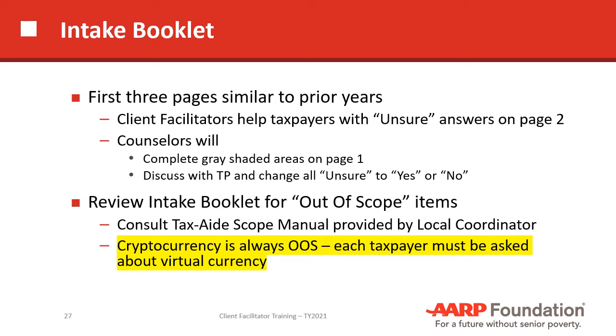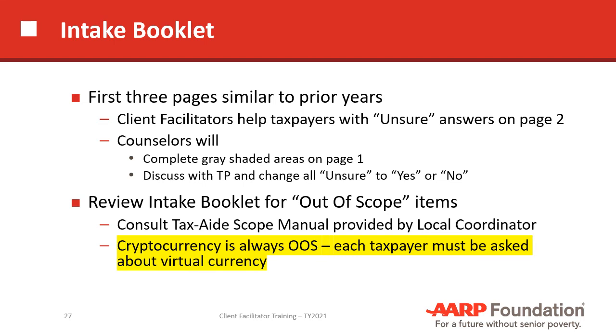Counselors will also, if you look at page 1, we'll look at the first page of the intake booklet in just a few minutes, you'll notice that there's a dark gray area in the lower right corner that says to be completed by a certified volunteer preparer. It asks questions like, is this person a qualifying child or relative of any other person?